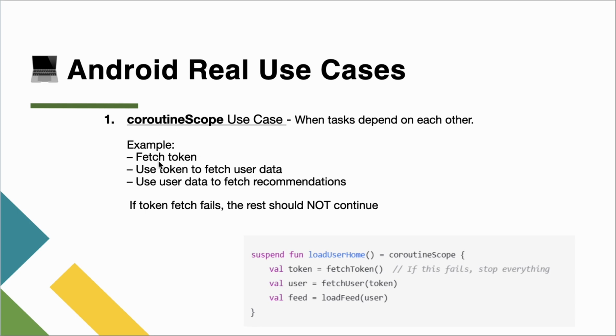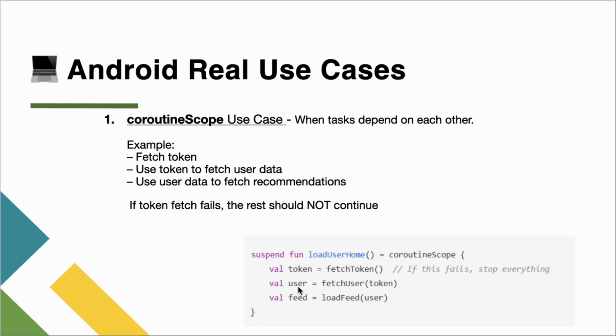For example, like fetch token, right? I'm trying to make 2 API calls. The first one is fetching the token. The second one is that, based on that token, I'm trying to fetch the user details. And based on the user details, I'm going to fetch the feeds for that particular user. So in this case, if the first one fails, then I don't see any purpose in making the API call for the rest.